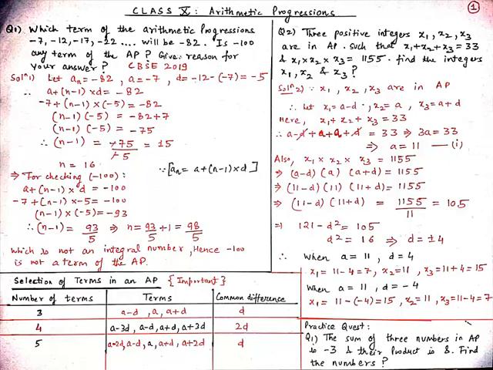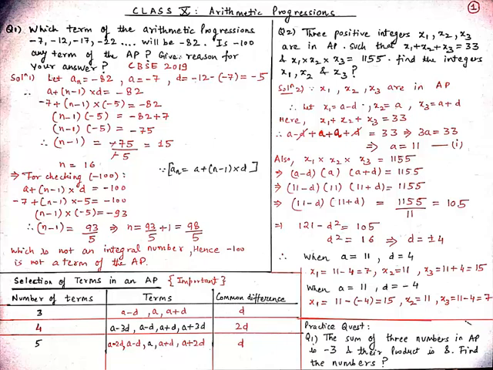And also, if the number of terms is odd, then the common difference is always d. And if the number of terms in a question is even, then we will take the middle terms as a minus d, a plus d, and after a plus d we will take a plus 3d, and before a minus d we will take a minus 3d. And also, when the number of terms is even, then the common difference is always 2d.